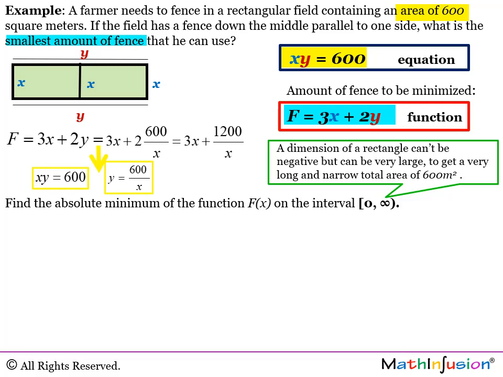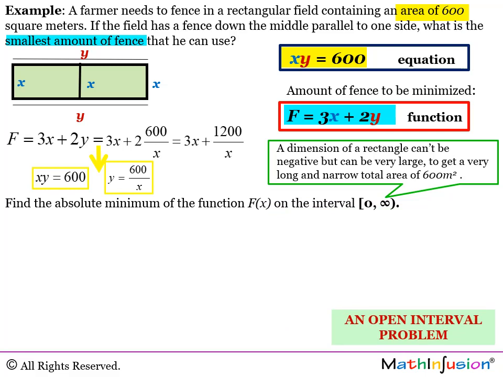Again, do not use your logic. Use mathematics here. We can have, for example, x to be really, really huge, and we are getting a very long and very narrow area, but the total area can still be 600 square meters. So this is an open interval problem, so I know how to proceed now.